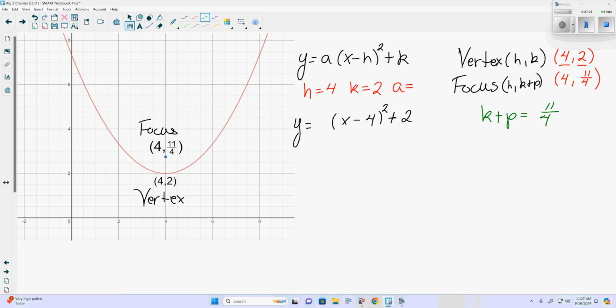What's our value of k? 2. So we're saying 2 plus whatever p is gives us 11/4. So to find p, we're going to do what? Subtract 2. So we have to find out what 11/4 minus 2 is.